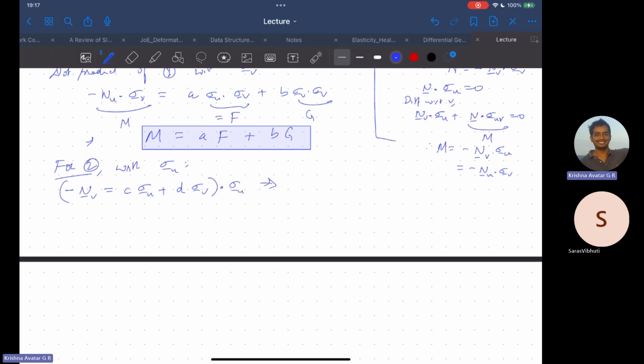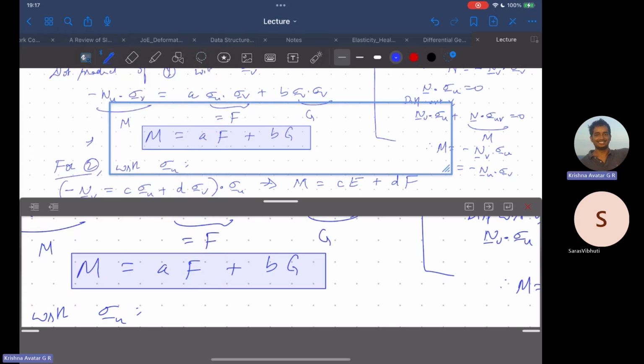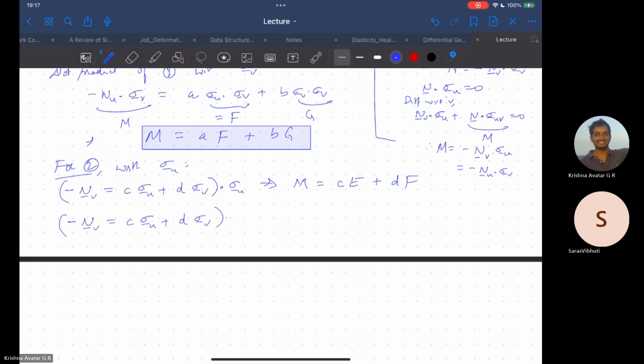This implies that minus n_v dot sigma u is m, just scalar m, and then Ce plus Df. Likewise, take this, dot with sigma v, which implies that minus n_v dot sigma_v is equal to Cf plus Dg.